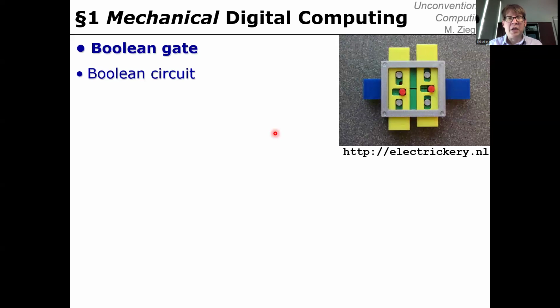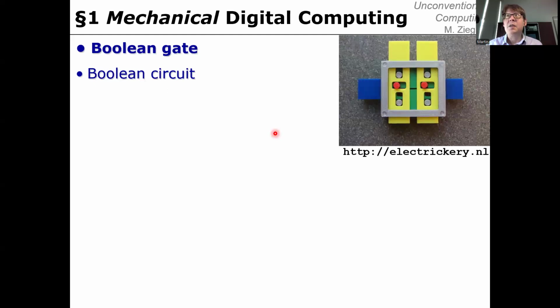And if both input signals are present, then also the output. So when both inputs are 0, then we have an output. If both input signals are 1, then we also have an output signal. But if precisely one input signal is present, then there's no output.